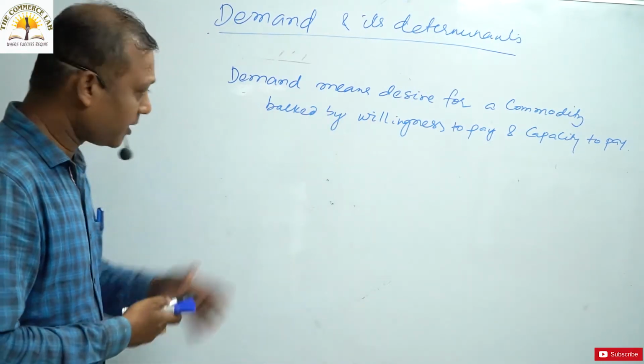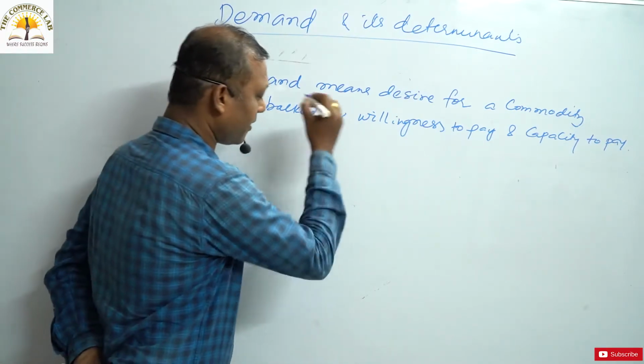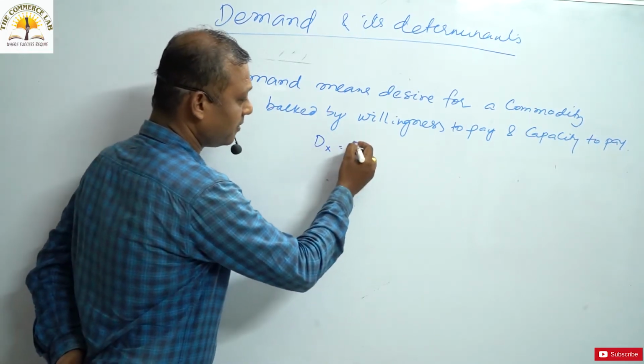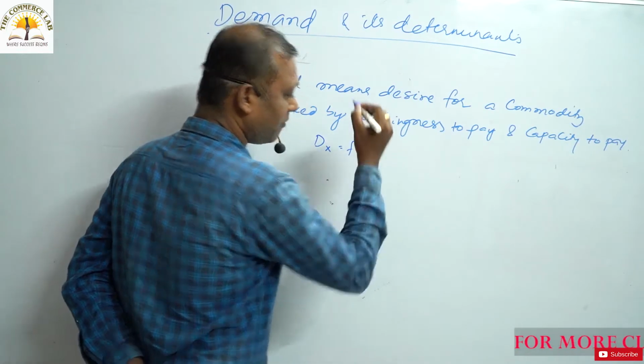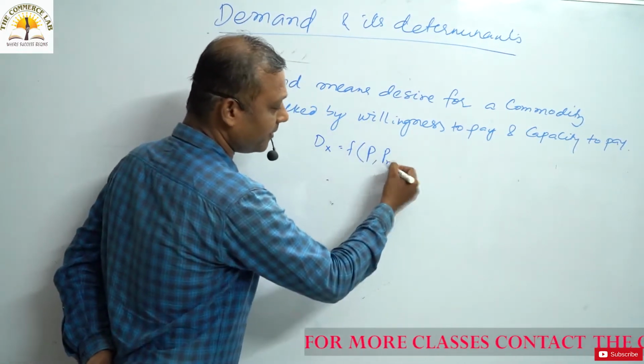Now let us move to discuss your demand function. When you talk about demand function, we can write that demand is a function of the price of the commodity, price of the related commodity.